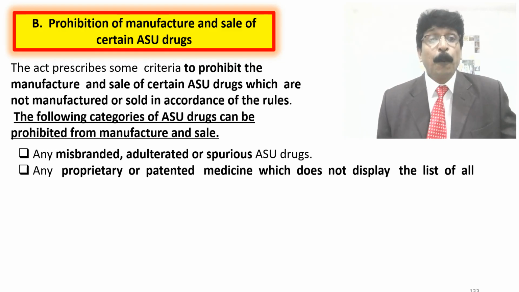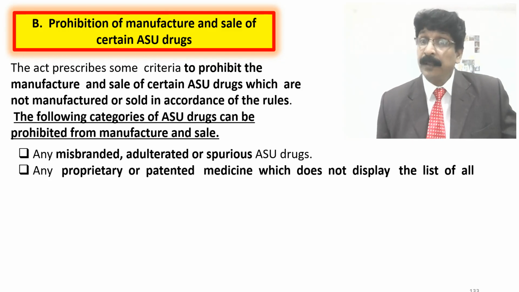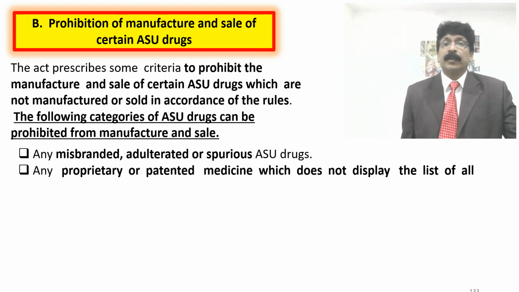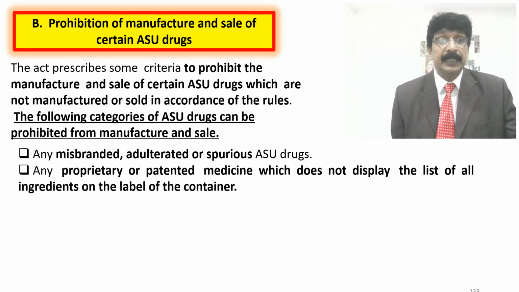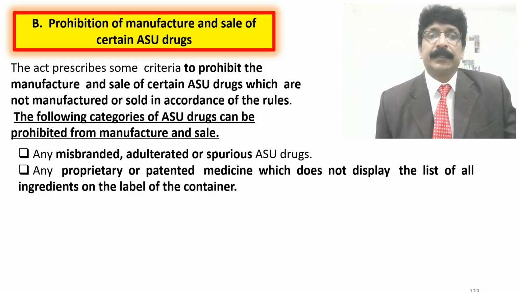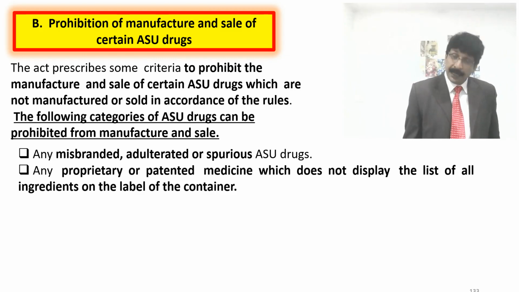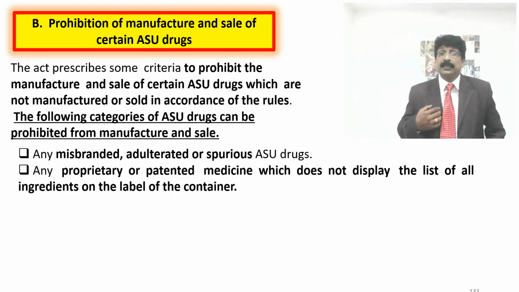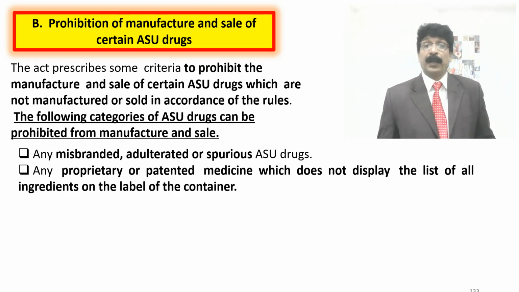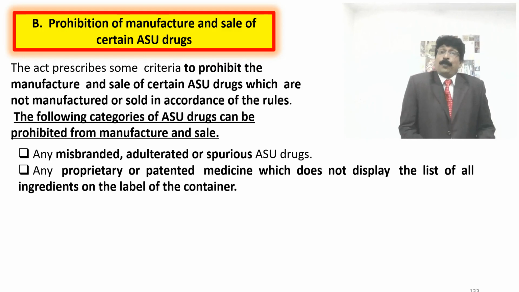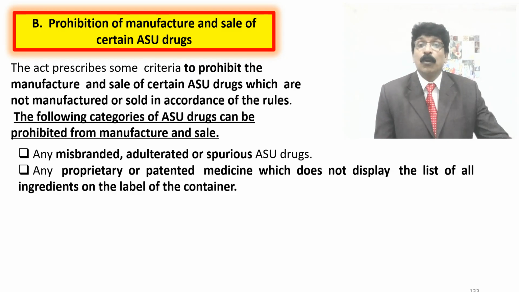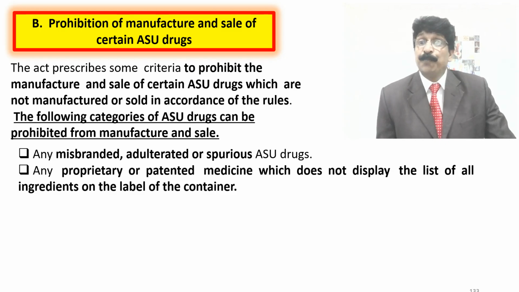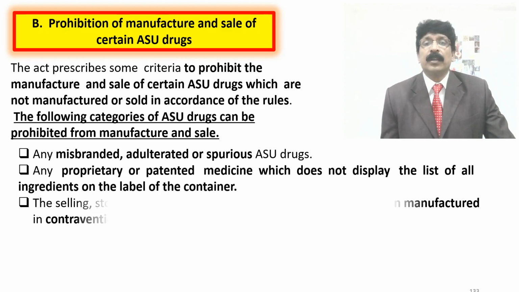The proprietary or patent medicine which does not display the list of all ingredients on the label of the container. Any proprietary or patent medicine for which you have not got permission from the researcher or identifier, the prime investigator who holds the patent for that particular medicine, is not allowed. It is prohibited, as is one that does not display the list of ingredients.